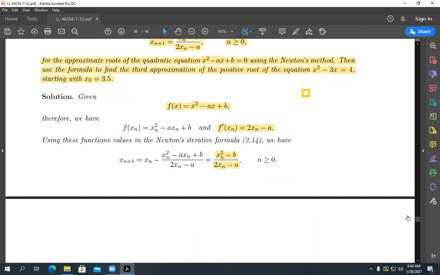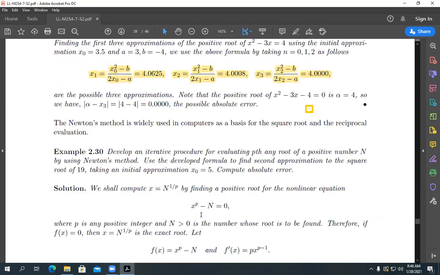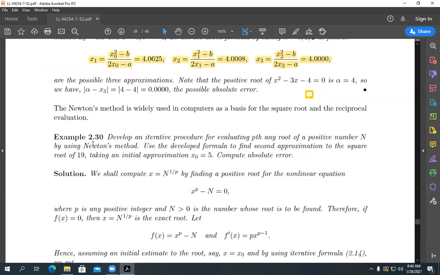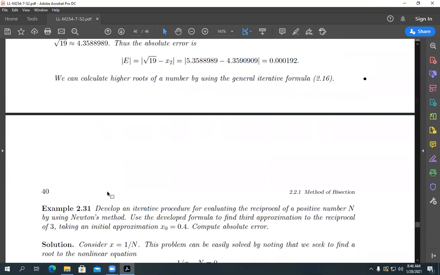Now I'll give you examples 2.30 and 2.31, which are also very good examples. Many times I give them in the exam, but I will explain them next time, inshallah. That is why I want my students to be very good, because I give you many examples. Every teacher gives one method, one example, maximum 2, and then moves to the next.